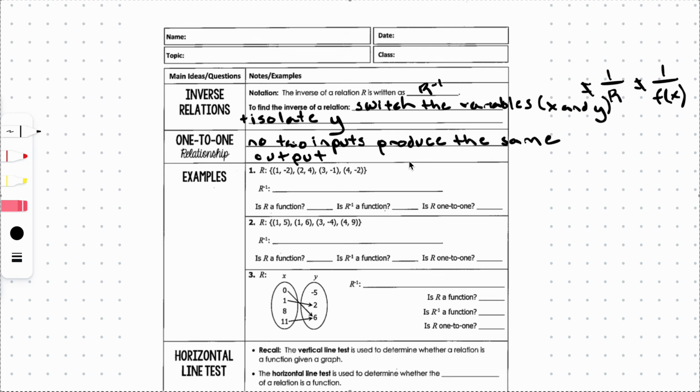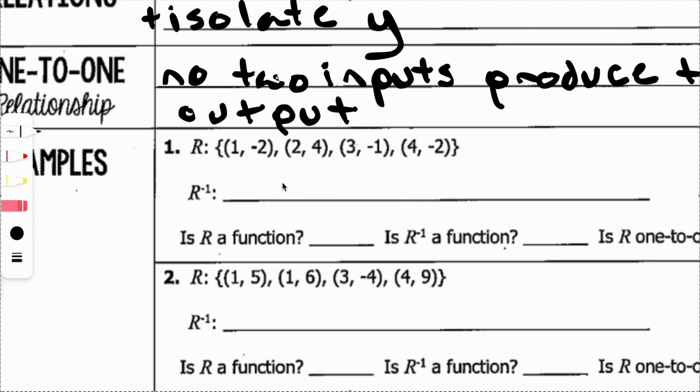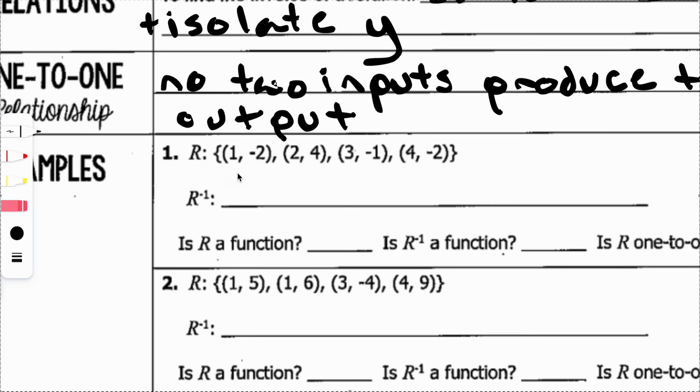First we have this relation R where we have a bunch of points in our relationship, and we're asked to find the inverse of that relation. So what we're going to do is switch the variables x and y. For example here, I'm actually going to zoom in. I'm so bad at writing this curly bracket. We have this point in our relation, 1, -2.